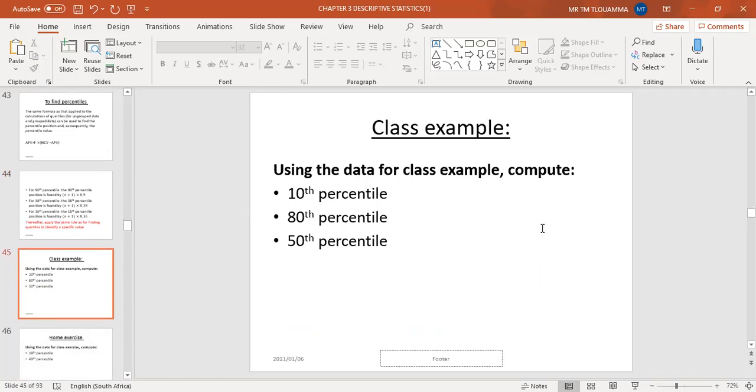So this is the class example. They ask us to compute the following. Let's try doing it together using our very same data set.